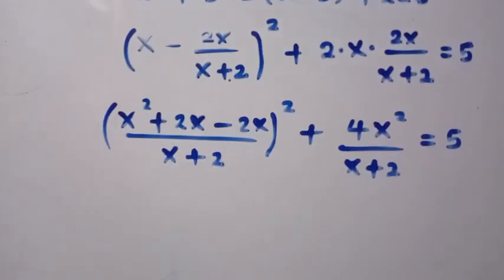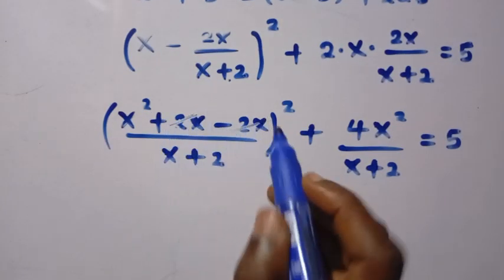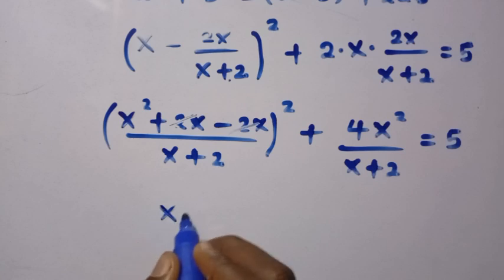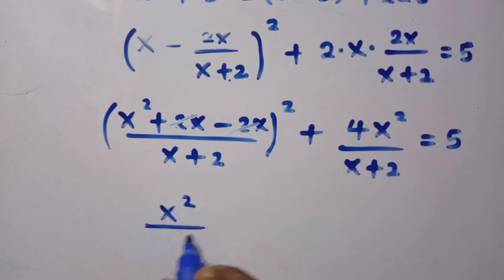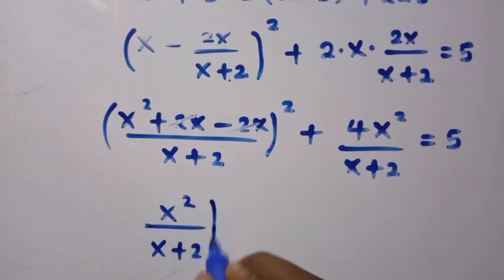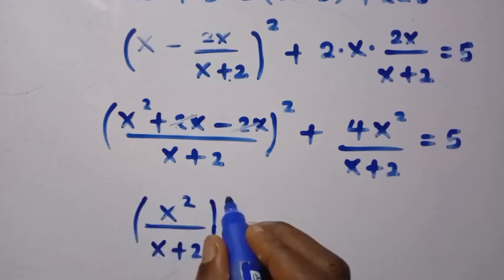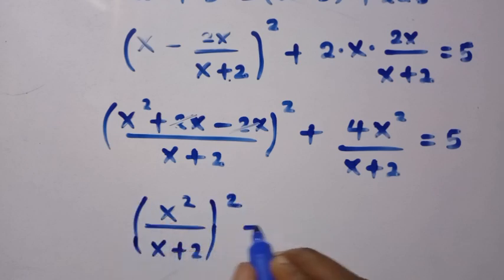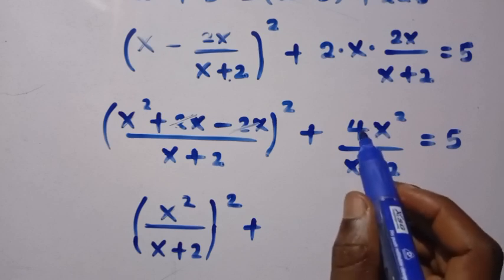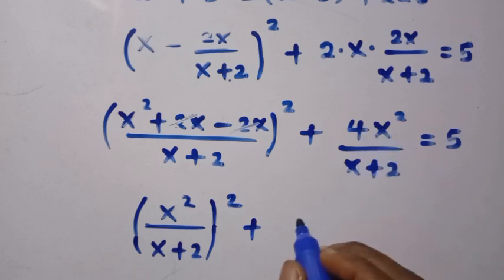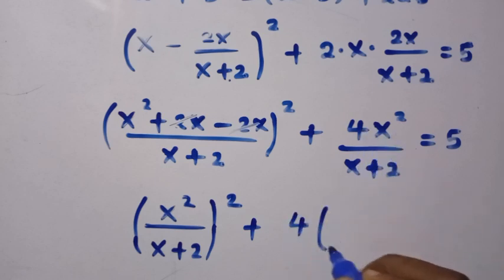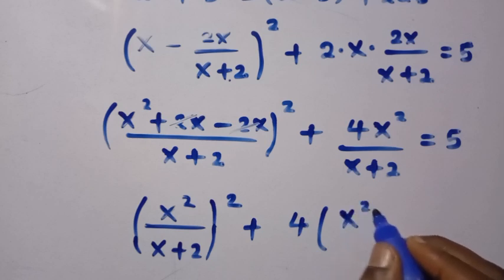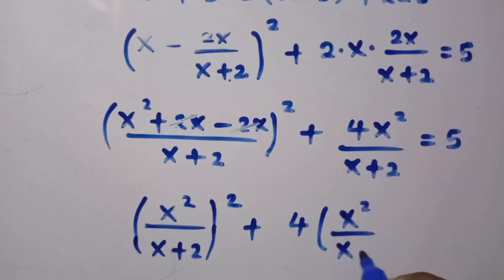And then 2x cancels 2x, we are left with (x squared over x plus 2) squared plus 4 times x squared over x plus 2, where we take out the 4, equals 5.